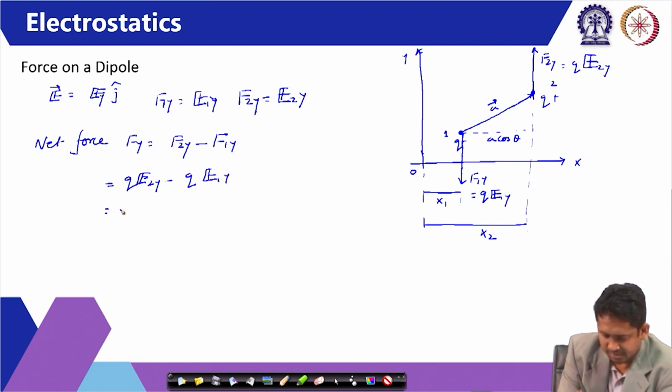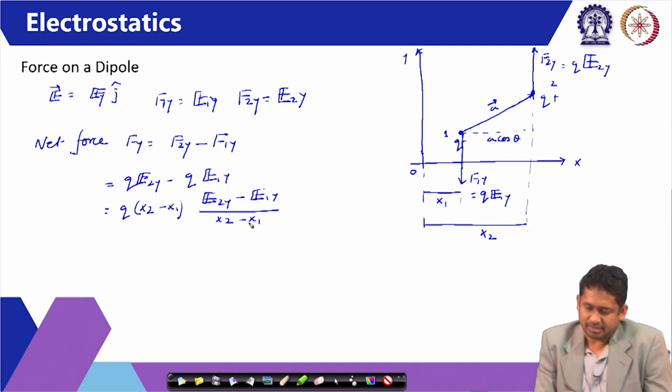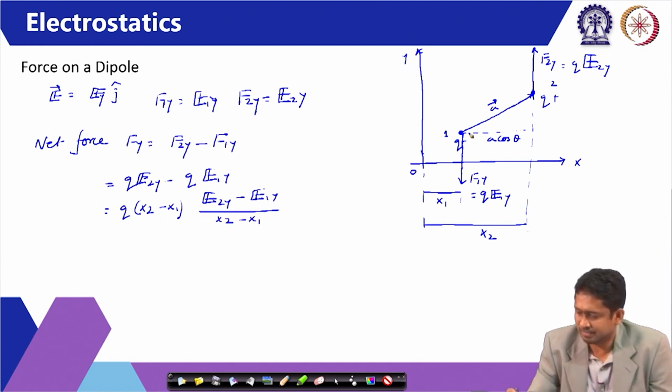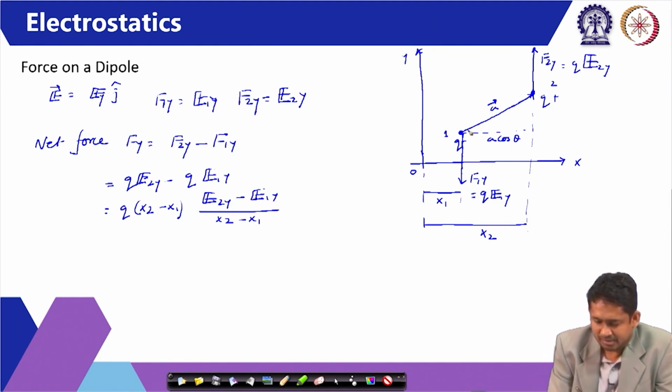Then we can rewrite this expression as x2 minus x1 multiplied by E2y minus E1y divided by x2 minus x1. Now, this x2 minus x1 is just this, which we can write as a cosine theta.